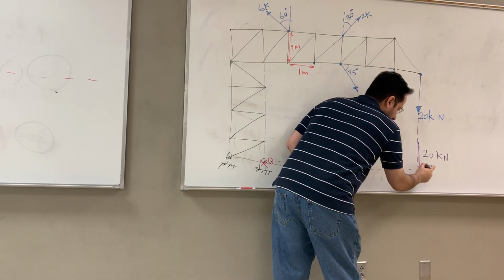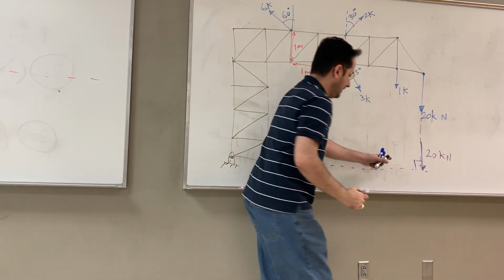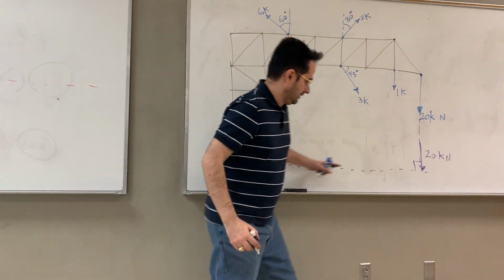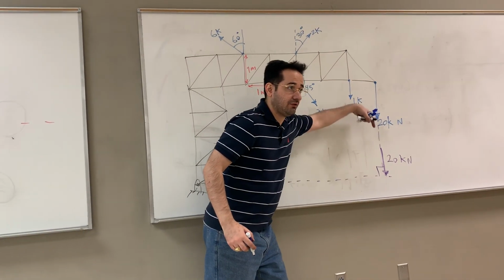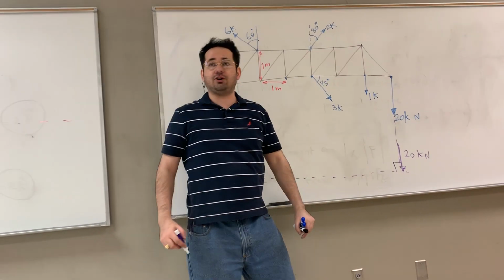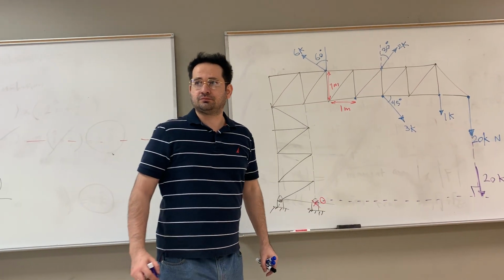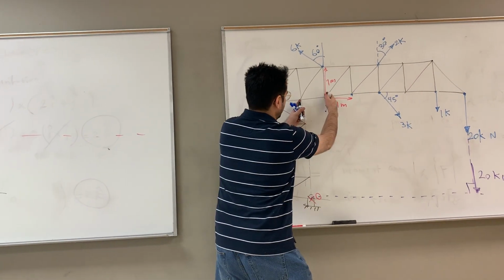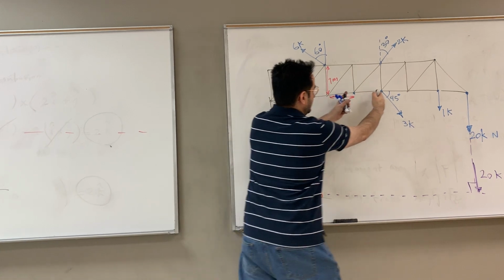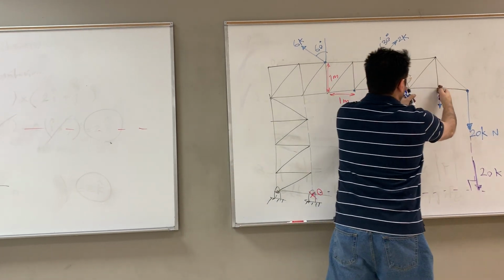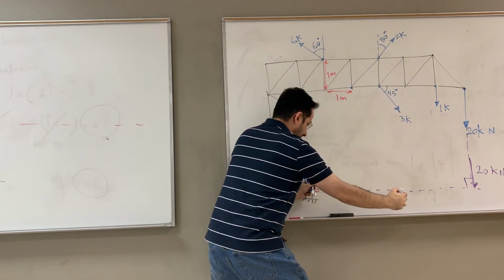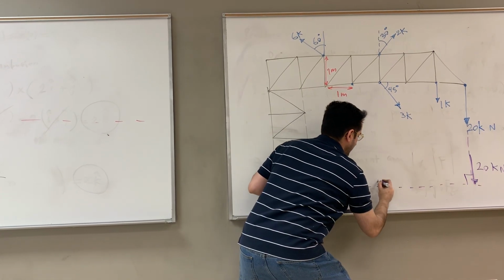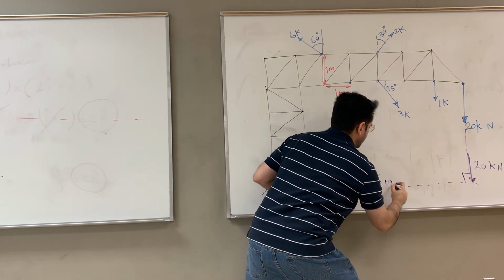So you move it right here, and right now you see, this is your position vector, and this is your force, they're normal. So what's your moment arm? 6. Thank you. 1, 2, 3, 4, 5, 6. So from here to here, which is 6 meters, right?